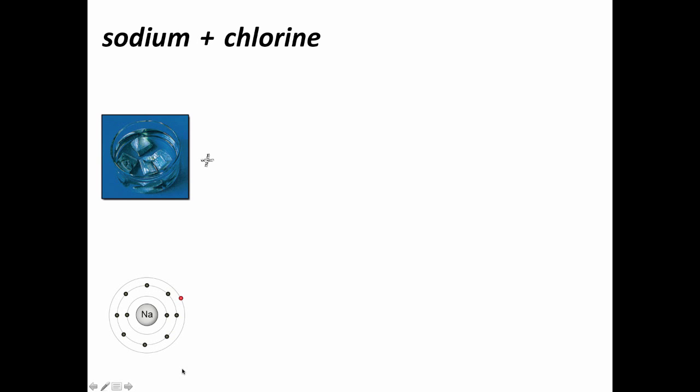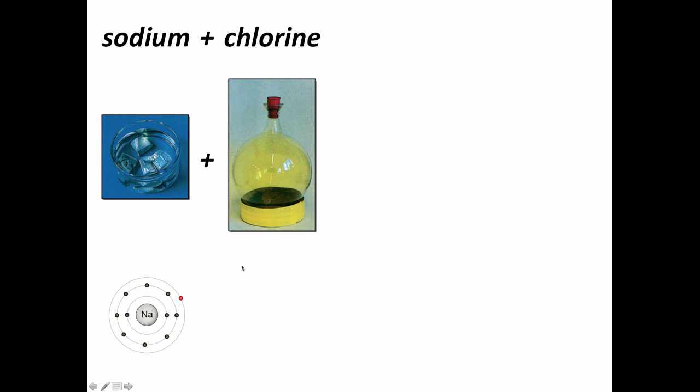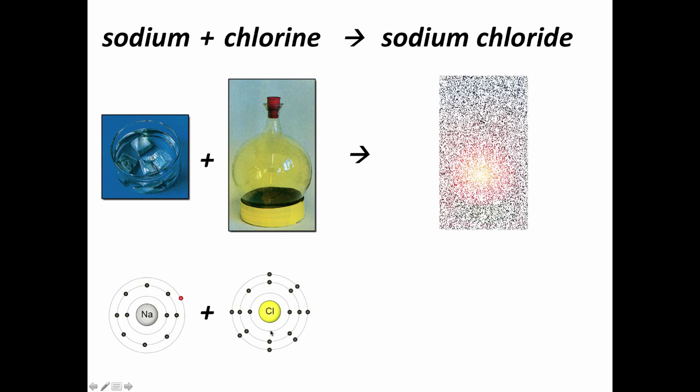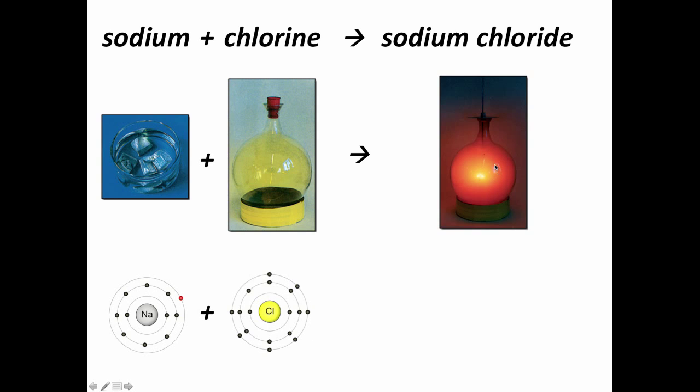And if we combine that with chlorine, a green colored poisonous gas, and here is a simplistic representation of a chlorine atom, what ends up happening is a vigorous, violent reaction occurs, lots of heat and light is given off, and if we let the reaction products cool and settle out, what we get is a white powder.